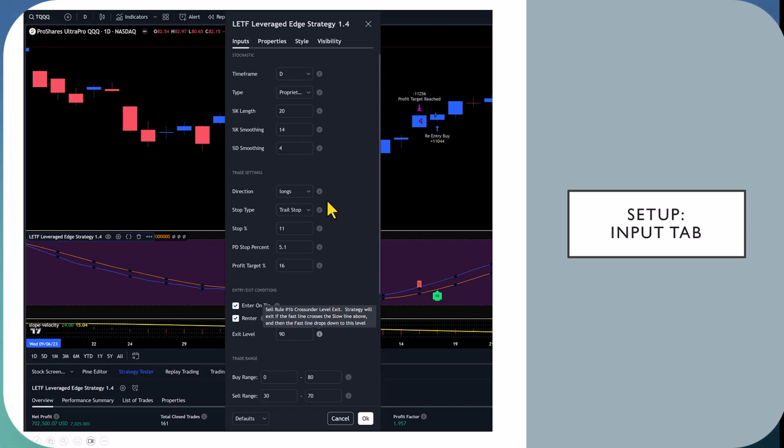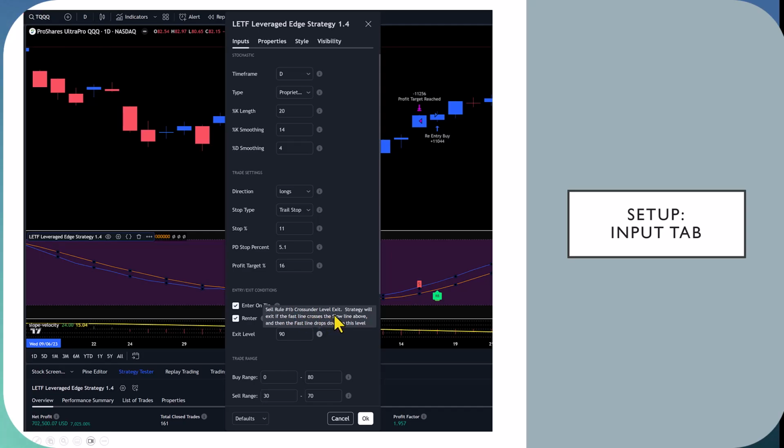The thing here is that we have these little tooltips along the right-hand side, which you can hover over, and that will help give you additional information about what we're trying to do with this particular setting so that you can use it more effectively. So in this particular case, for this setting down here, where we have an exit level, this explains it as it's based on sell rule number 1B.